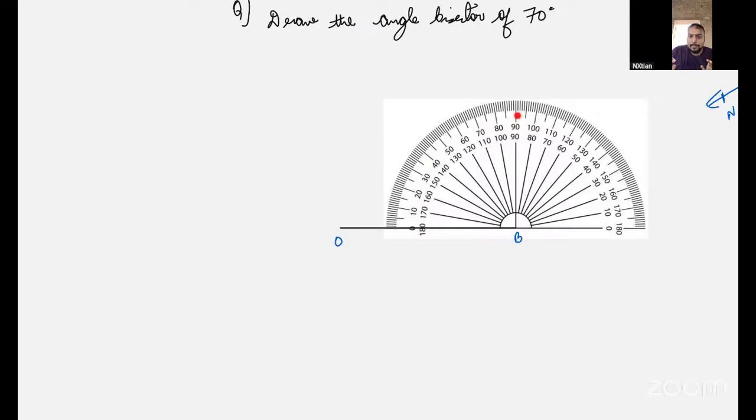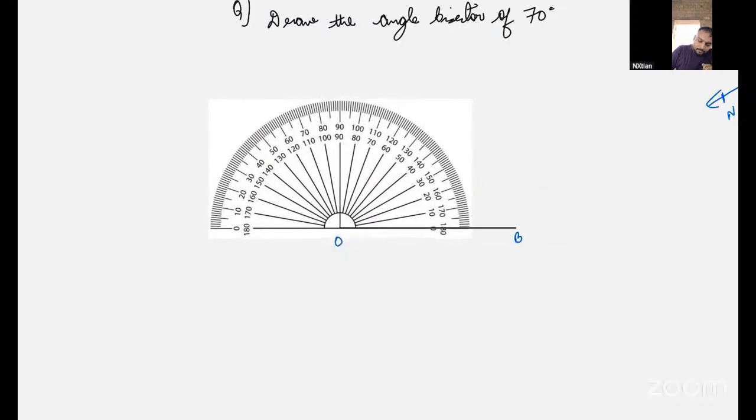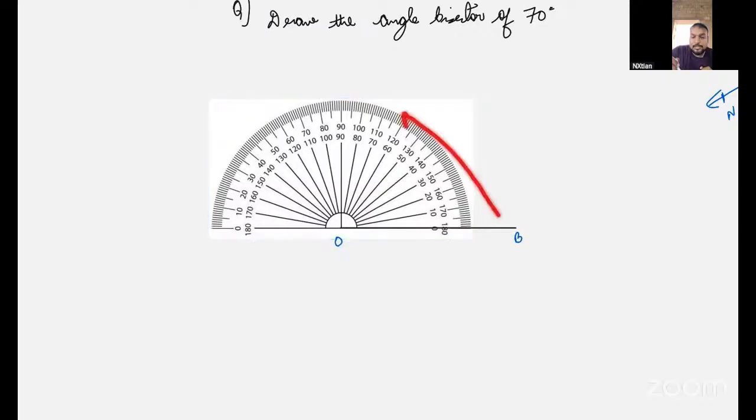Where is your line? If your line is on the left side, then you have to take this 0. And if your line is on the right side, like this diagram, then you have to take this side 0.